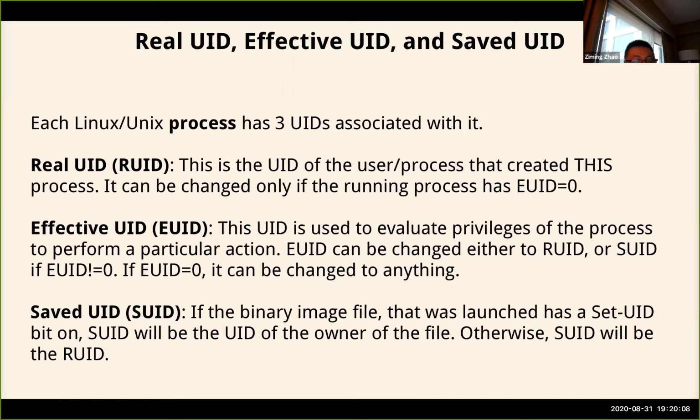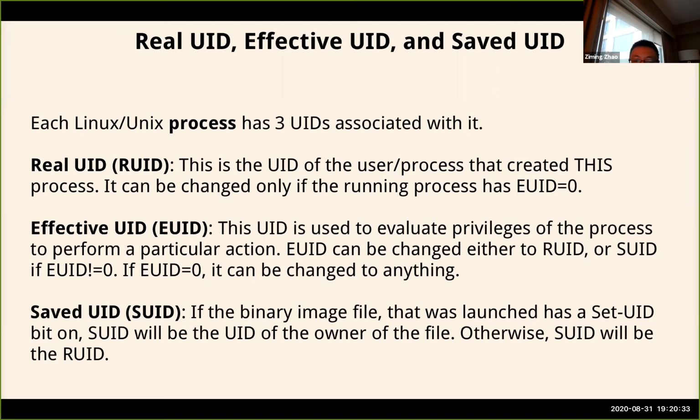Also, there's the third ID called the saved UID. If it's a binary file and that binary file is a setuid file, the UID will be the UID of the owner of the file.